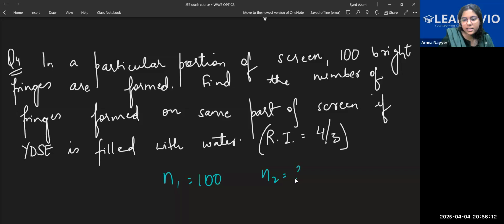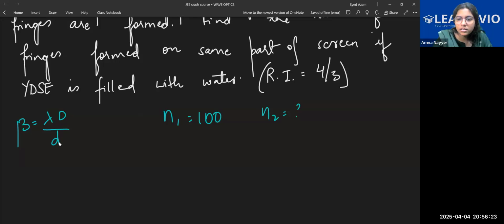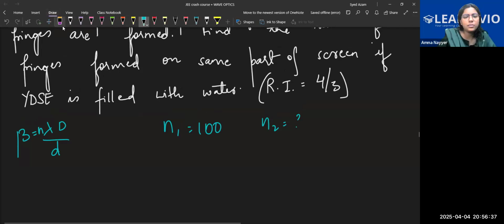Now for beta, we use the formula: beta is equal to lambda, capital D by small d. Capital D and small d will remain constant. We are going to multiply it with n, the number of fringes asked.